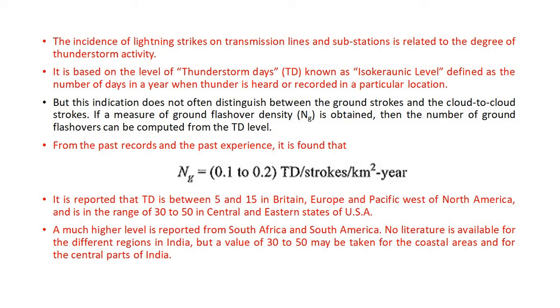From past records and experience, it is found that Ng is equal to 0.1 to 0.2 TD strokes per kilometer per year. TD is between 5 and 15 in Britain, Europe and Pacific West North America, and is in the range of 30 to 50 in the general eastern states of the USA. A much higher level is reported from South Africa.